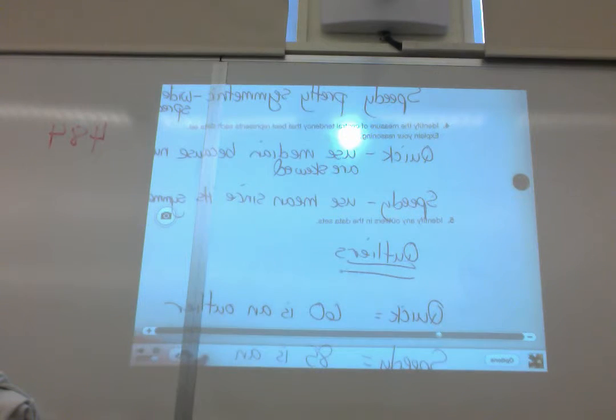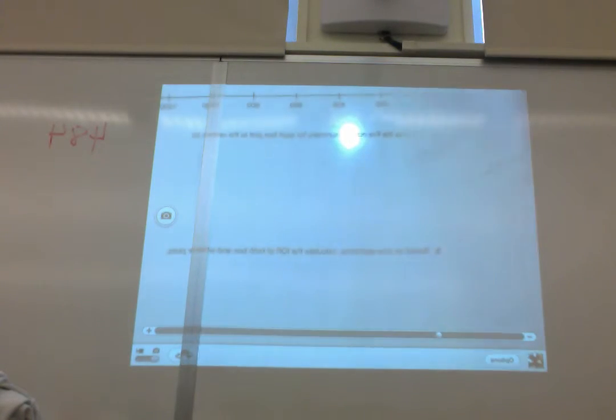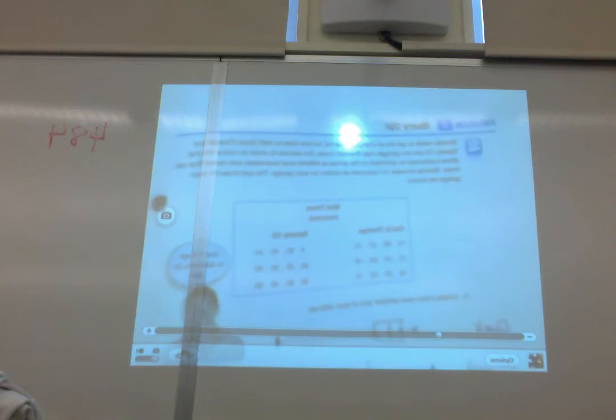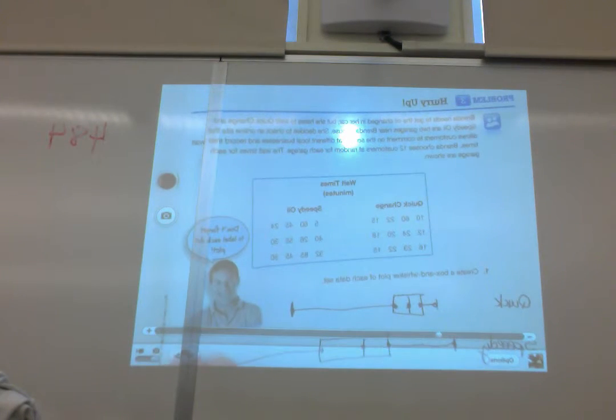Now the last time we were together, they showed us something, a little 1.5 thing to use. I wonder if they're going to make us do that. What was that? Lower fence and upper fence? Let's flip the page and see whether we need to use that.